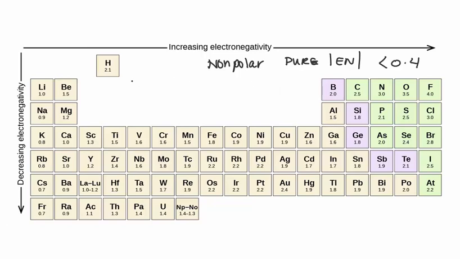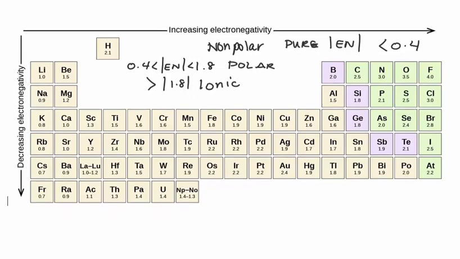If the electronegativity difference is between 0.4 and 1.8, we call that a polar covalent bond. If it is greater than 1.8, then that is an ionic bond. And an ionic bond is an electrostatic attraction between a positively and negatively charged ion.